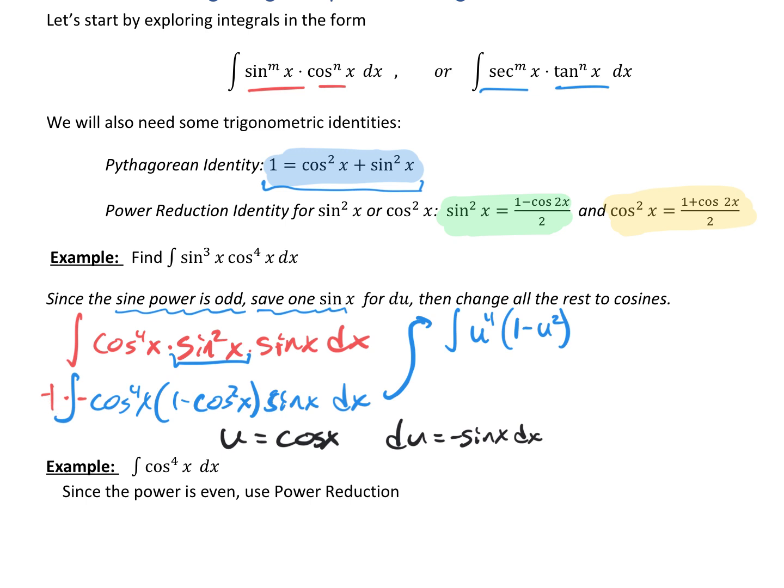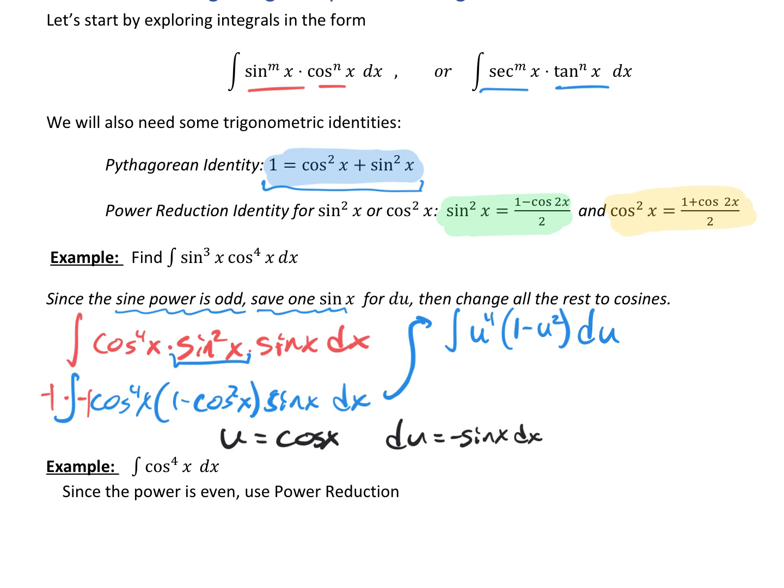Negative 1 times negative 1 is positive 1, so I haven't changed anything. But now inside here I have negative 1 sine x dx, and that is du. So I'm going to replace this with du. We have to make sure we have the exact replacement there, including the constant.